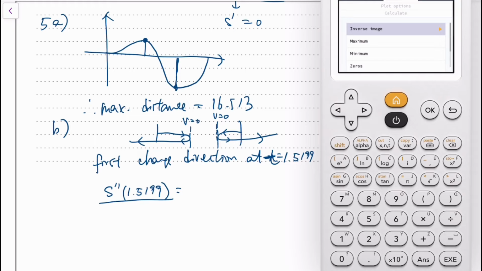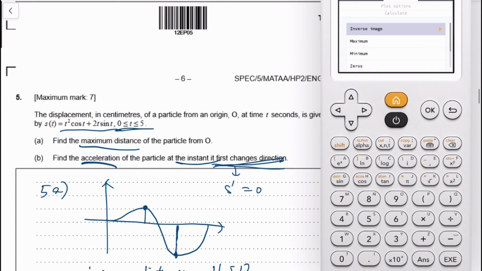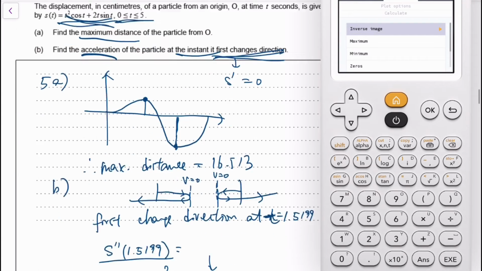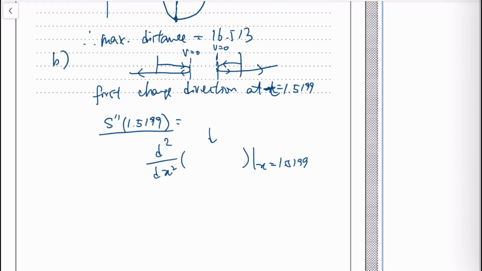Right, so variable is x, the value of x is 1.5199, and then it would come with a second derivative symbol. This is where you type in your function, so type that whole thing in. And then it will say x is at 1.5199, so that's all we want. So let's type that in. Only you can't do it.